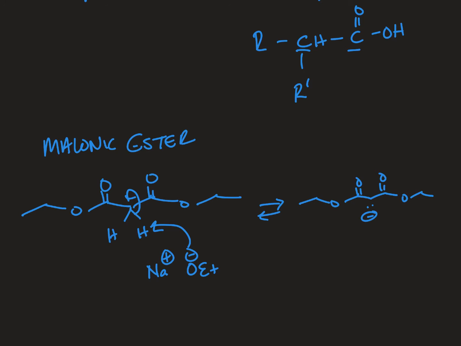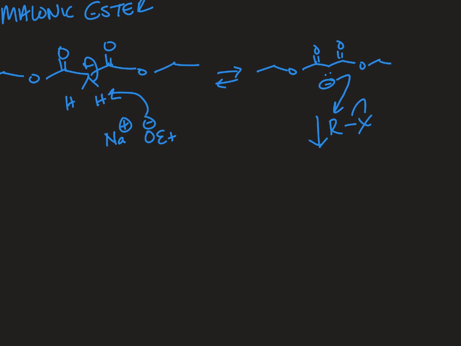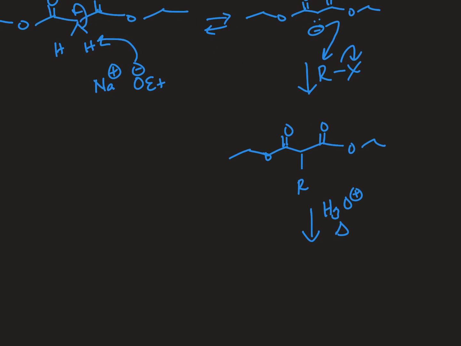Now that we have our enolate, we'll do the SN2, so we need the alkyl halide. That carbanion will attack the carbon, pick off the halogen. We're forming the new bonds. At this point, we could add acid and heat, do a decarboxylation, and end up with our products.